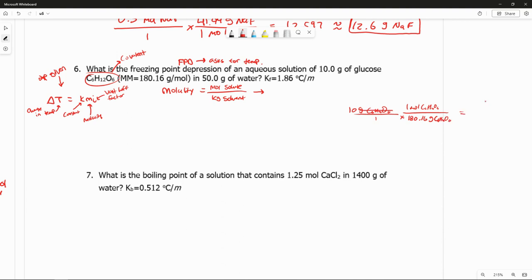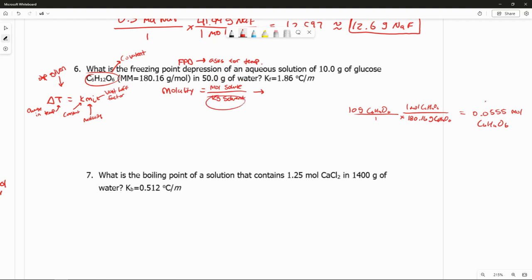We know that grams cancel and we're left with moles of C6H12O6 on top. 10 divided by 180.16 will give you 0.0555 moles of C6H12O6.